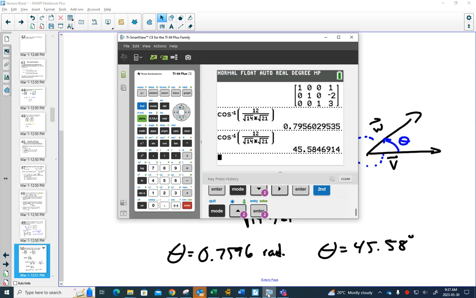So we found, really quite easily, even though this is in 3 dimensions somewhere, what the angle is between those two vectors. This is really, really important for working in 3 dimensions.